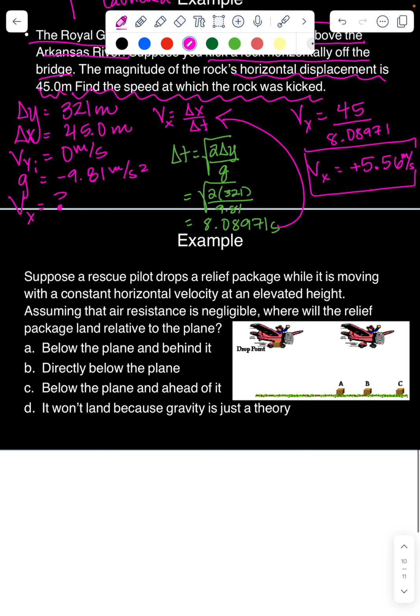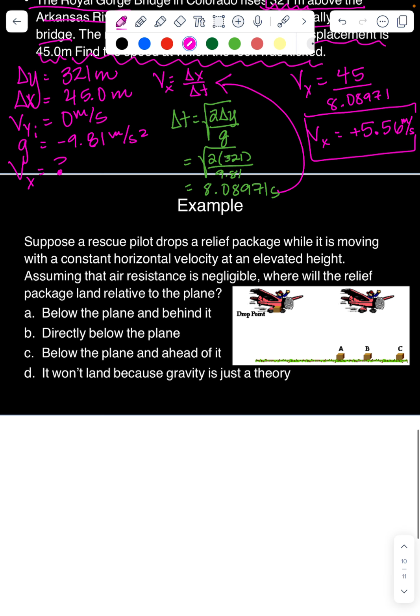This is kind of what we saw earlier. It says, suppose a rescue pilot drops a relief package while it's moving with a constant horizontal velocity at some elevated height, assuming that air resistance is negligible. That means that we are not including air resistance in this scenario.